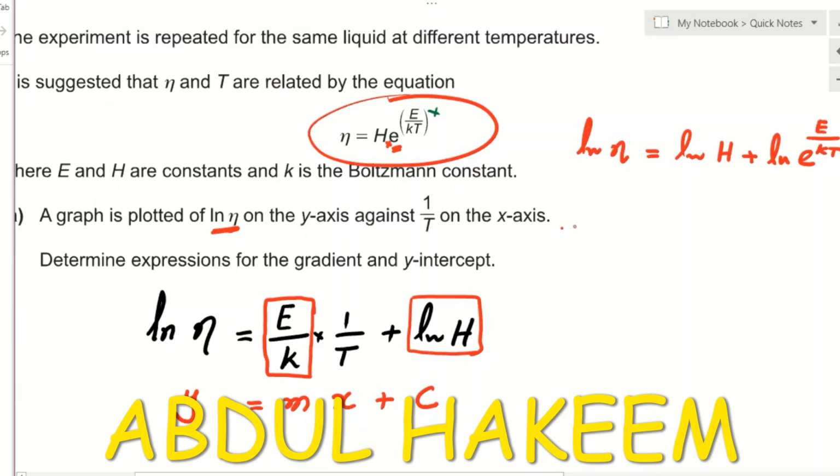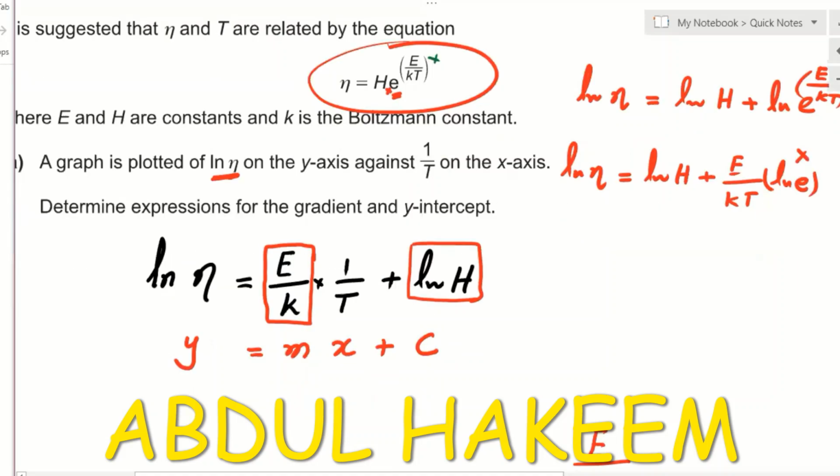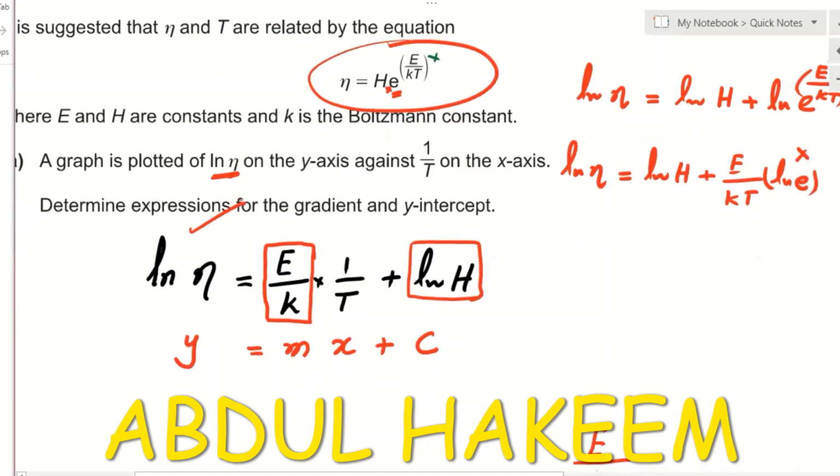Then ln eta is equal to ln H, and the power becomes the coefficient, so it is E divided by kT times ln e. ln e is 1.